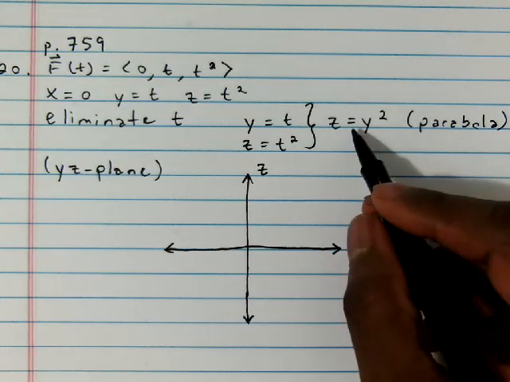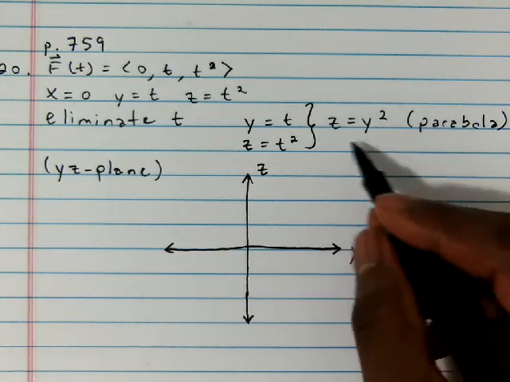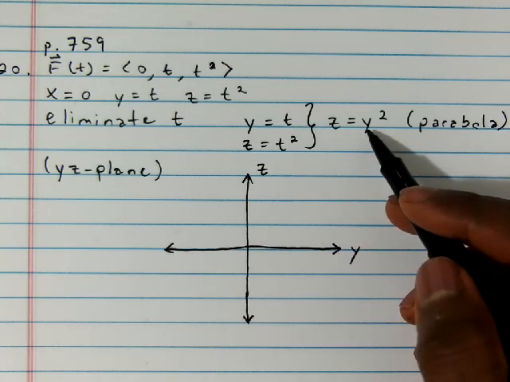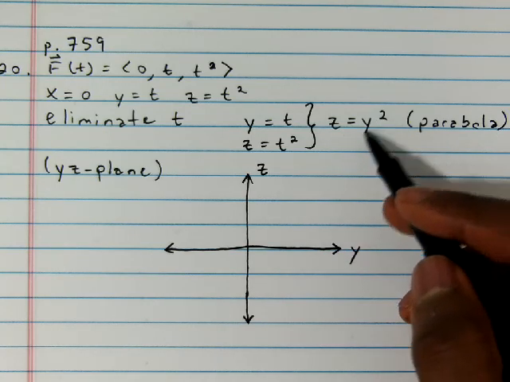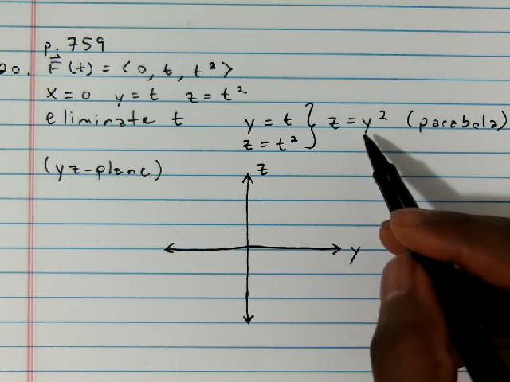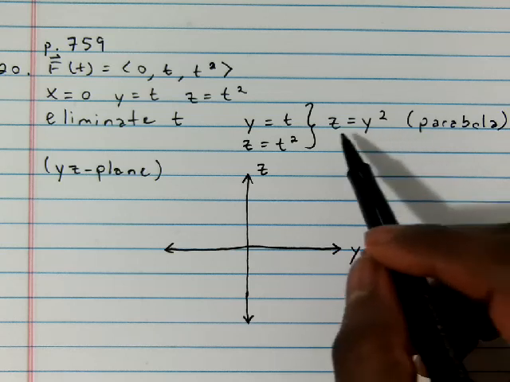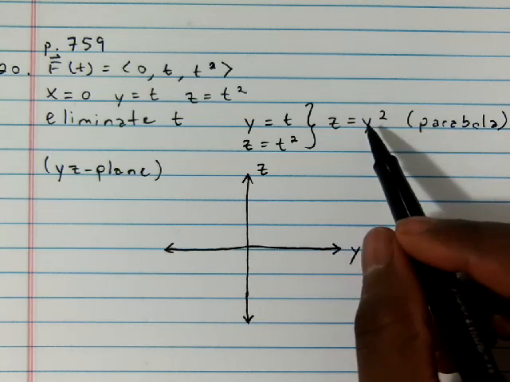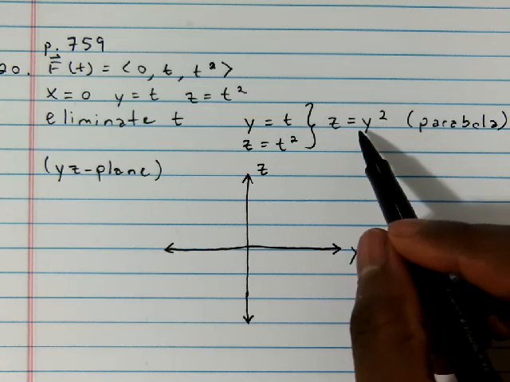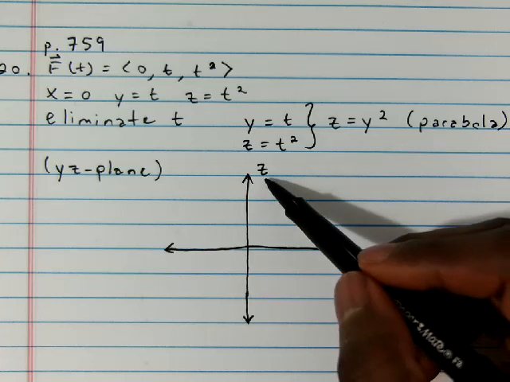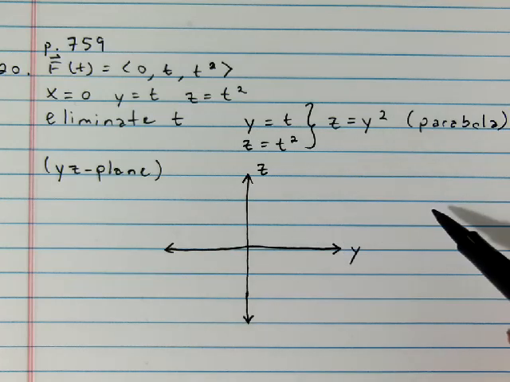If this were in the xy plane and we had x equals y squared, that would be a little bit different from this. You're going to look at this more as what we're accustomed to. In the xy plane, we're accustomed to having y equals something for our function.